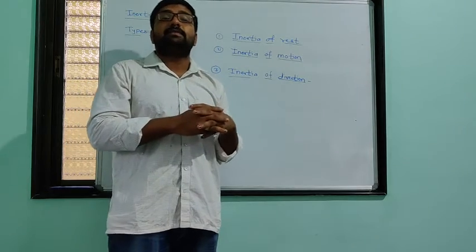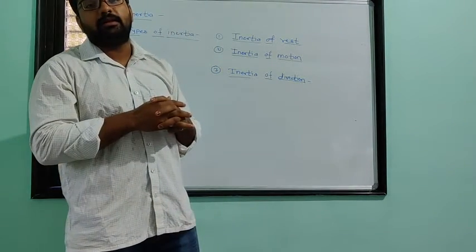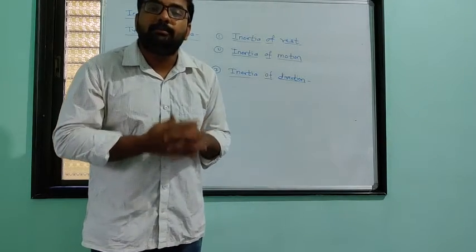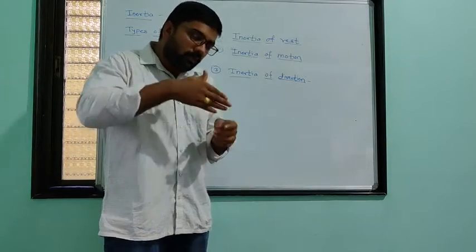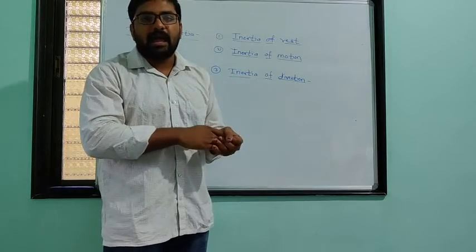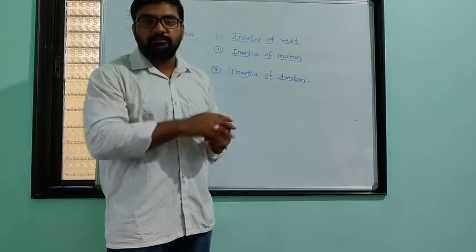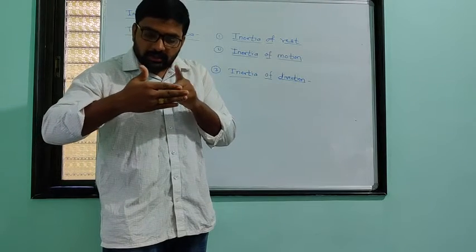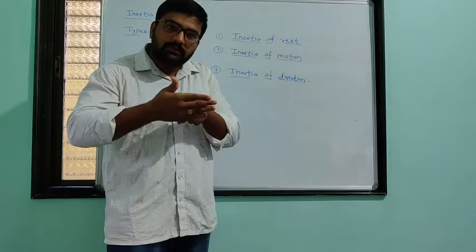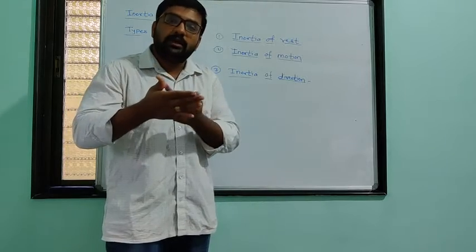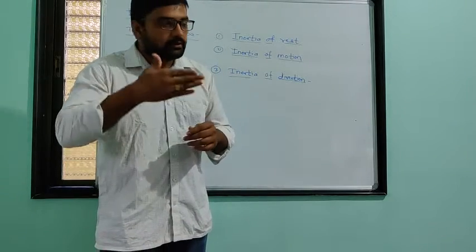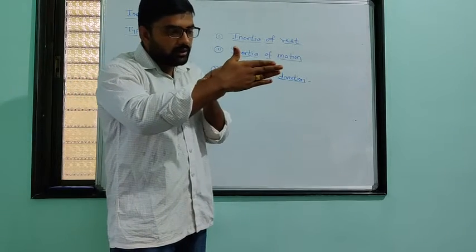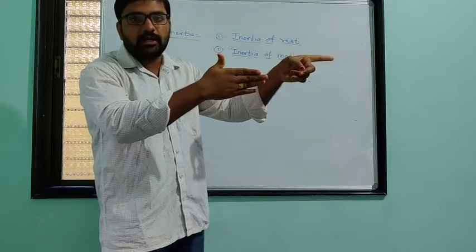Now consider another example, also from a bus. If we are traveling in a bus and there is a turn, and the bus takes the turn, initially we are in motion with the bus, so our body is also moving with the bus. Suppose we are going in this direction, so our body is also in motion in this forward direction.